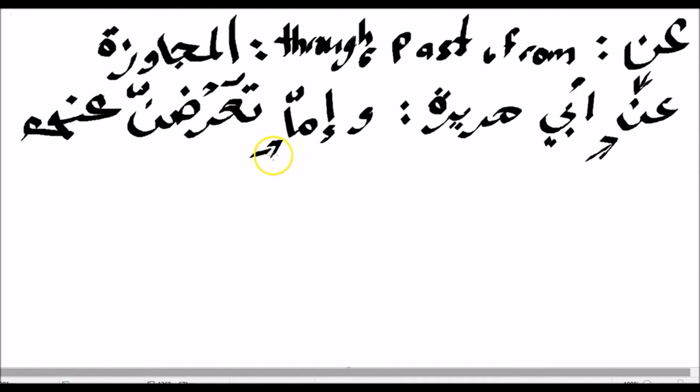It is possible, or it may be that you would surely, without a doubt, turn away from them. So then an will be away from here. Hum is them. تُعْرِضَنَّ عنهم, so past them or through them, يعني away from them.